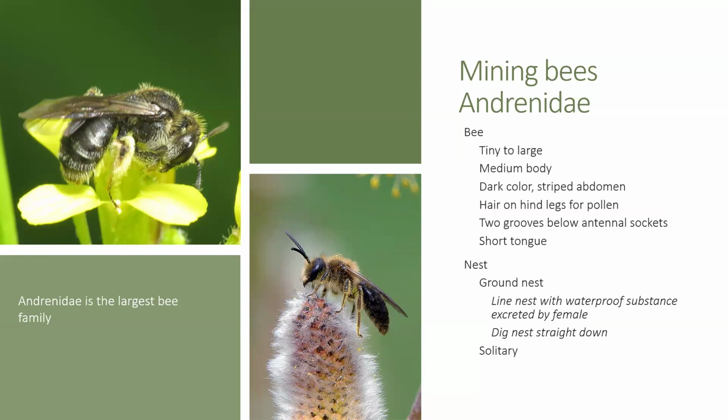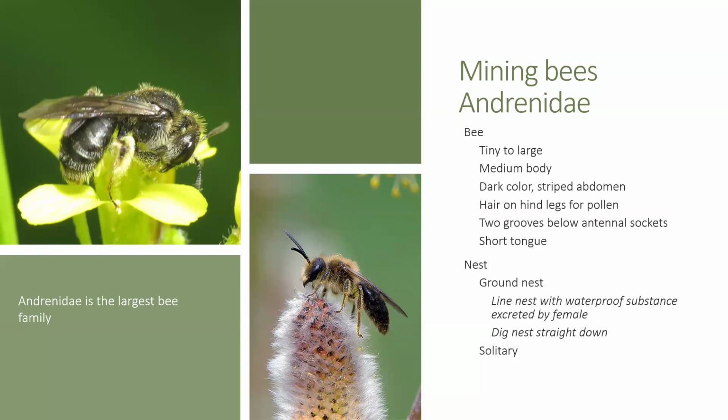Where the antennae attach to the head capsule, there are two grooves sitting below that, and that will differentiate them from a bee group that we're going to talk about in a few minutes. They are also a short-tongued bee. You can see that in the right-hand side picture. The mouth parts aren't really long.